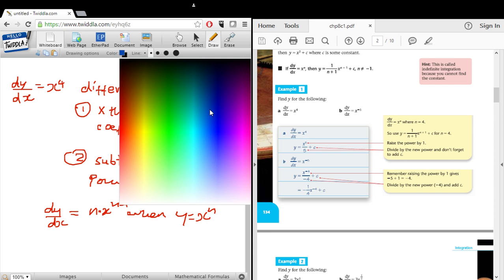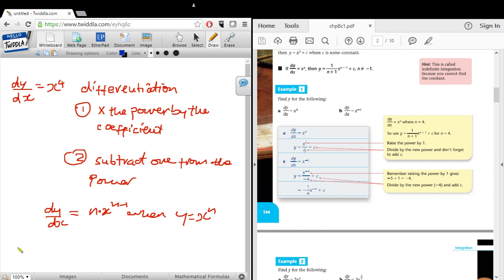But now, with integration, it's the complete opposite. So what we do here is the following. We add a number to the power and then we divide. So it's the complete reverse. We add 1 to the power and then we divide by the new power. Do you understand that?